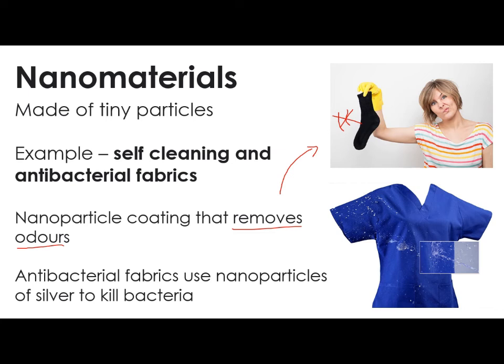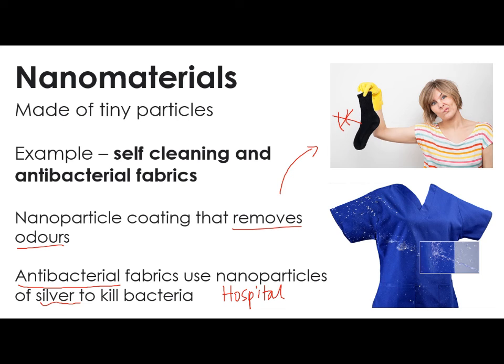And this one's really good, antibacterial fabrics. They have silver particles in the actual structure of the fabric. Imagine the uses in places like hospitals, and that's where these tend to be used, because silver is naturally antibacterial.